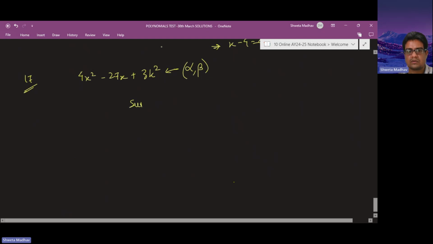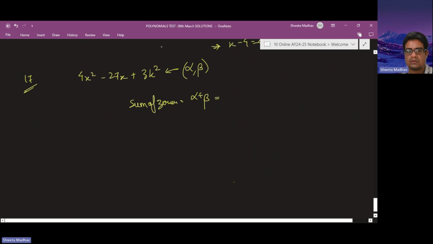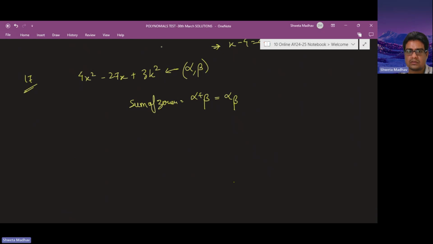It is told that the sum of the zeros, alpha plus beta, is the same as the product of the zeros, alpha into beta. So alpha plus beta and alpha beta are the same. Then we have to find the k value.